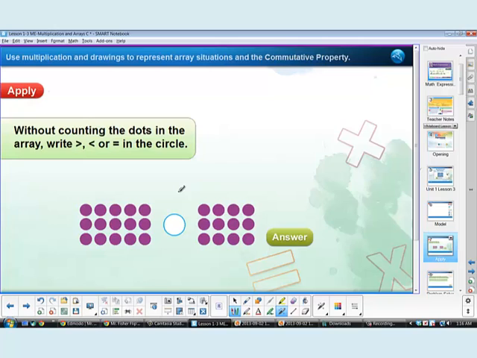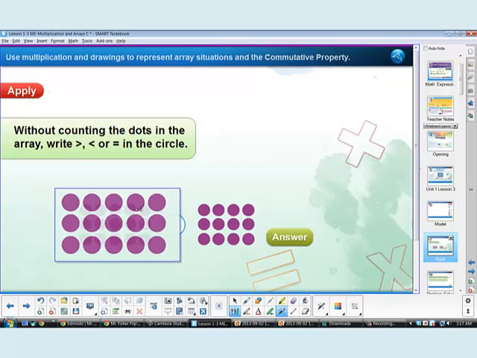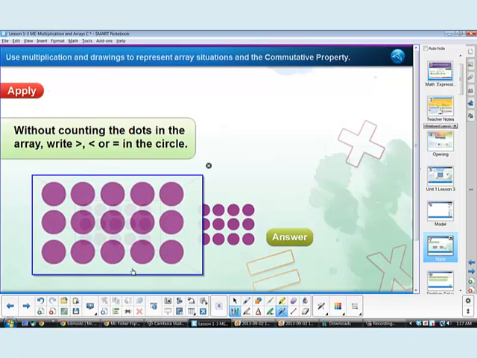Now I want you to use some of the strategies we used today. We can count, that's easy, 1, 2, 3, 4, 5, and then we can keep counting, 6, 7, 8. But I want you to realize that this is an array. This box right here, those dots each represent a portion or a number, but we want to be able to count it up fast.